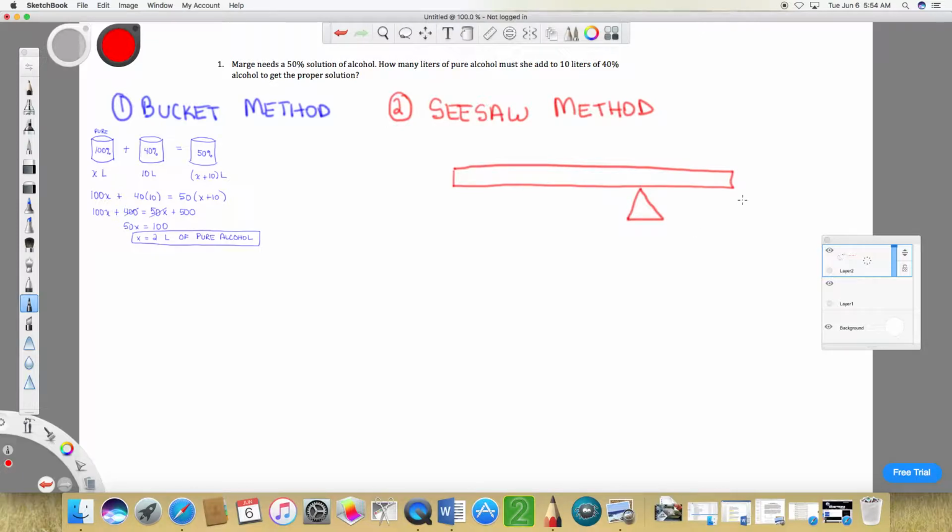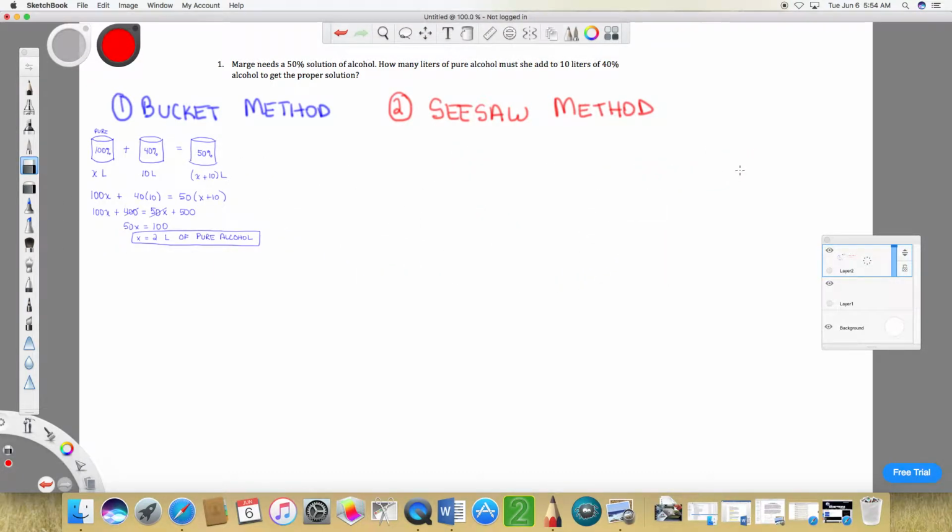If you have a heavy person and a very light person, you can balance the seesaw if the light person is far away from the fulcrum. That gives that light person leverage to balance the heavy person if the heavy person is closer to the fulcrum. So that's the underlying idea in this seesaw method, or at least that's how I take it.